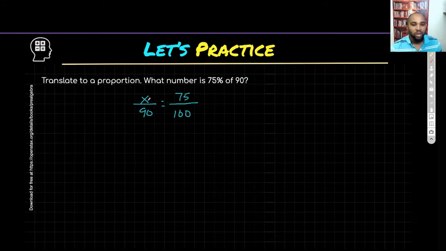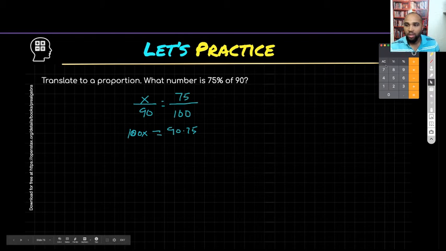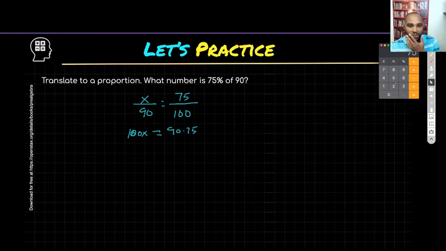So if I cross multiply, because I can't see any easier way of doing this, I see 100x and 90 times 75. When I multiply those, I get 90 times 75.